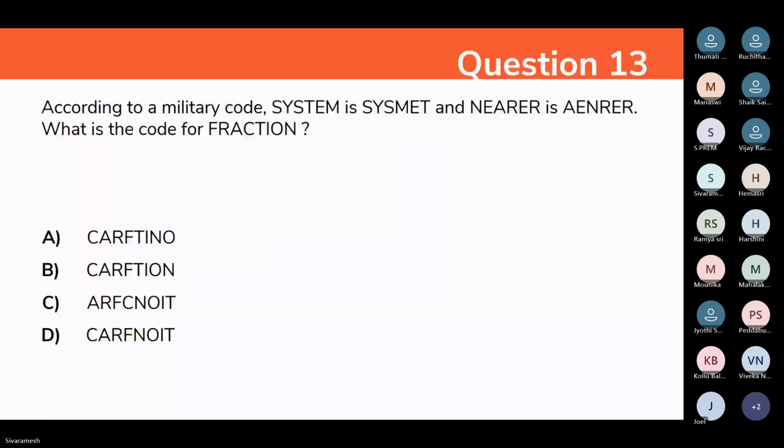Yes, option D. Meanwhile, I'll write. You guys can try. I'll just write it here.